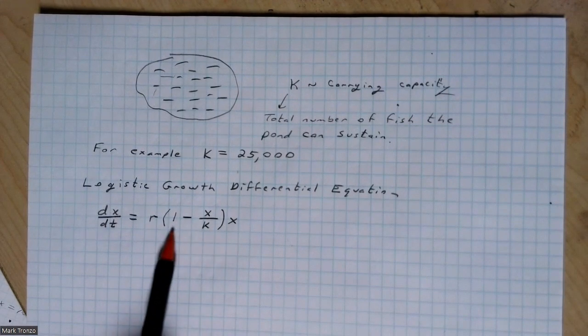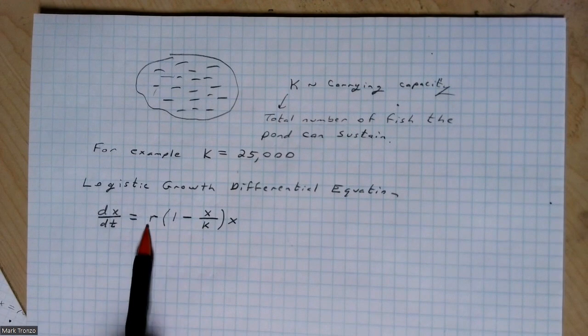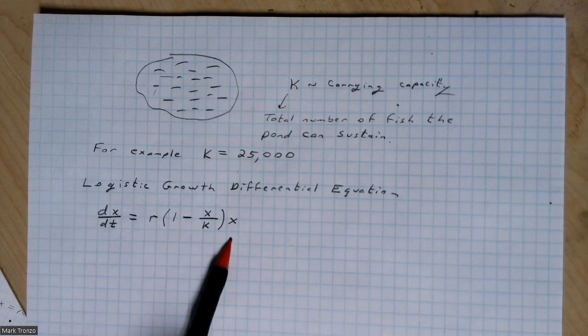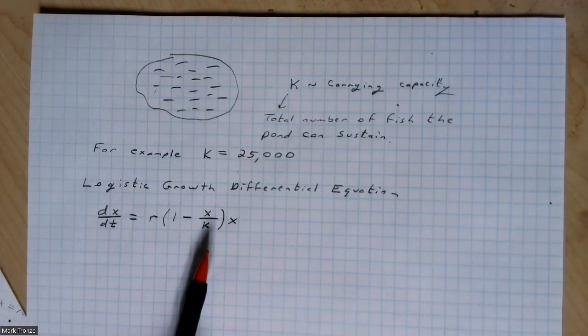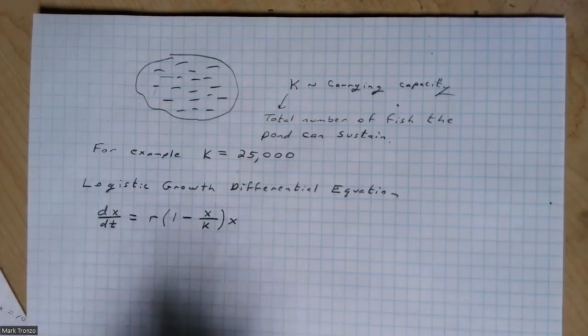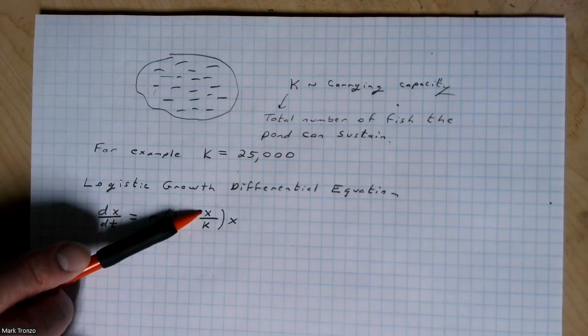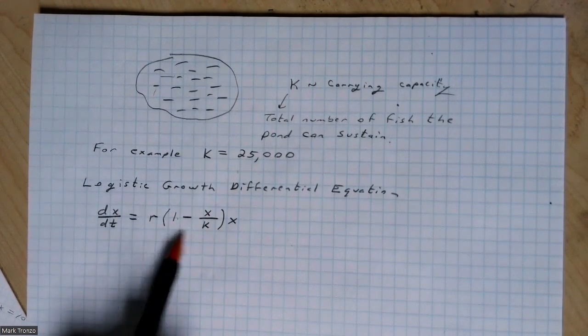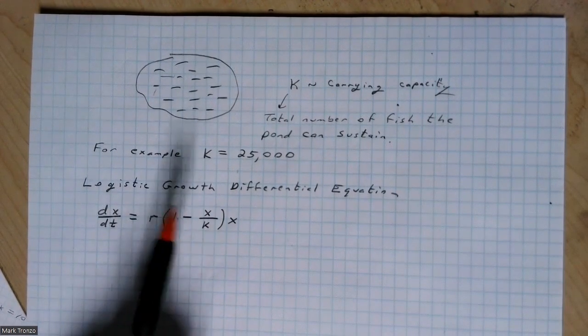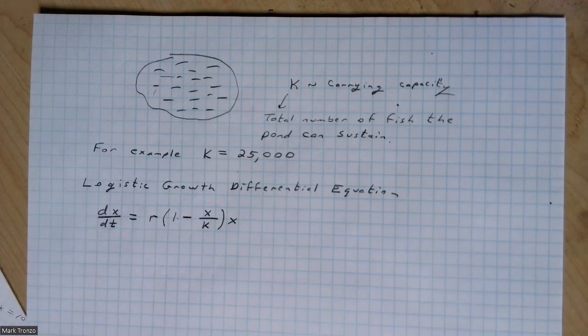So that means that at that point, this rate of change is going to be multiplied by 0.04, which is going to reduce that rate of change significantly. And then, of course, once x gets to 25,000, this is going to be 1 over 1, and then it'll be 1 minus 1, and this will go to 0, and there'll be no rate of change at all. It won't grow at all once it gets to that point.